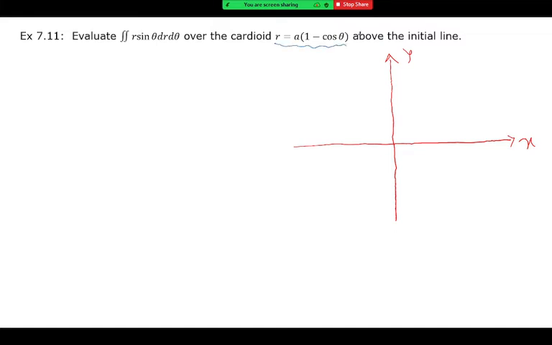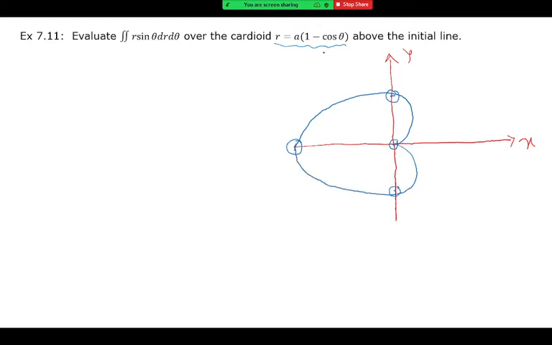For this equation, when theta is 0, r is 0, so the first point is 0, 0. Next, put theta as pi by 2 and you get r as a. Then 2a units for pi, and here again a units. So this is a left-hand cardioid, and you can quickly draw this rough curve.